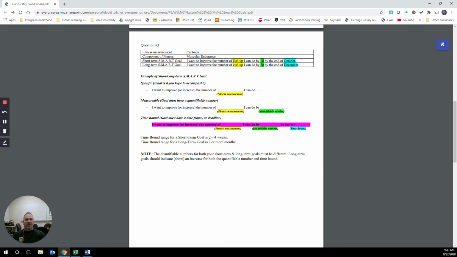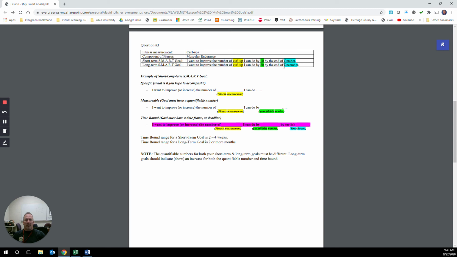It is specific because I have my fitness measurement. It is specific because I have my quantifiable number or increase, which is 10. And it is specific because it is time bound for a short-term goal, 2 to 4 weeks, which I got October. Okay, now if you want to put 2 to 4 weeks as your time bound, that's fine. Perfect, you can do that.